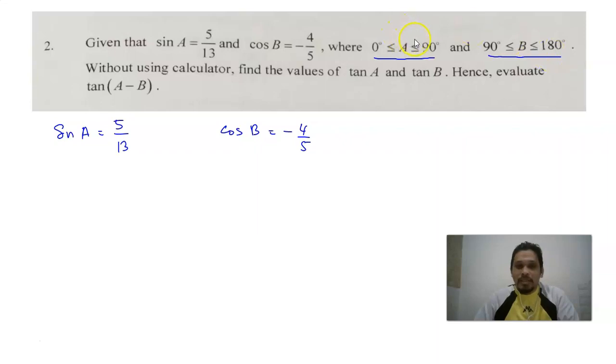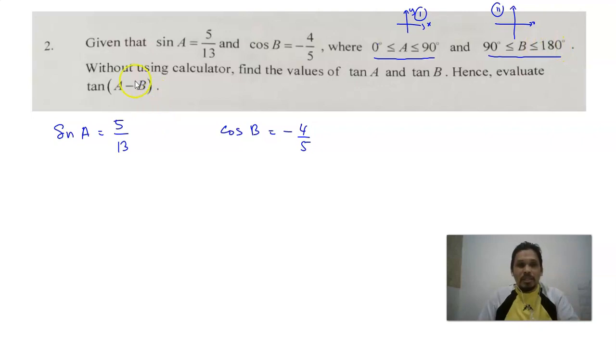So in this case, when we refer to the range of the angle from 0 up to 90, we are talking about the first quadrant, and for this one, from 90 up to 180, we are talking about an angle in the second quadrant.